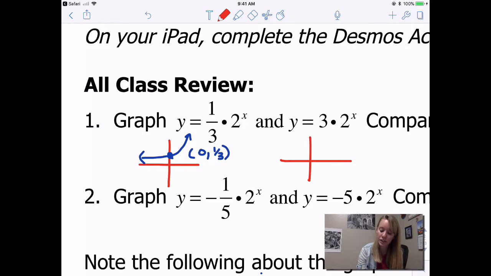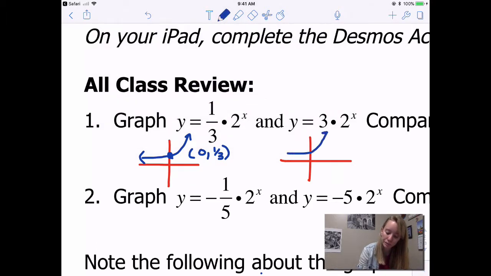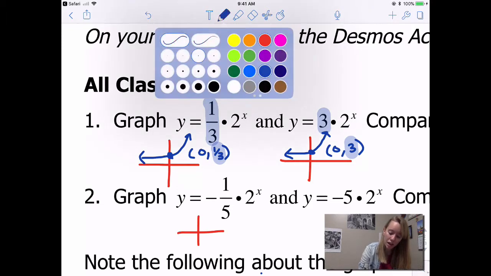Whereas y equals 3 times 2 to the x would have the same general shape, but the point where I cross the y-axis would be (0, 3). This is important because I've got this number being the y-intercept in both cases. Additionally, if I had y equals negative 1/5 times 2 to the x, I would have this shape.